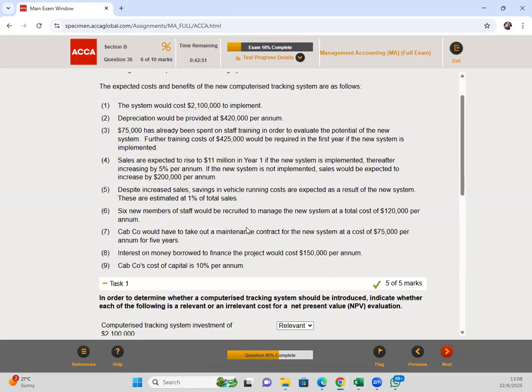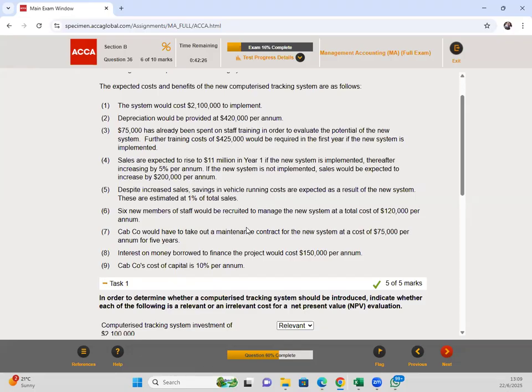Despite the increase in sales, savings, that's item number 5, savings in vehicle running costs are expected as a result of the new system. These are estimated to be 1% of total sales.